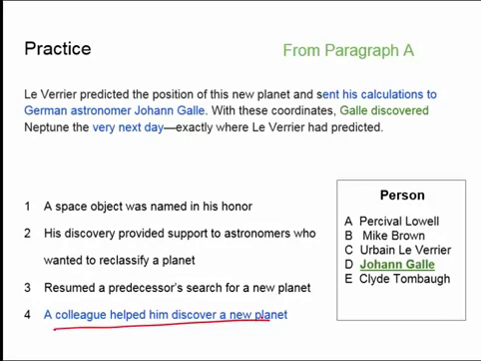With these coordinates, Gall discovered Neptune the very next day, exactly where Leverrier had predicted. Okay, so the correct answer here is Gall, and we see from the question stem, a colleague helped him discover a new planet. So that works for Gall because he was helped by Leverrier, who sent him his calculations, and those calculations helped him to discover a new planet.